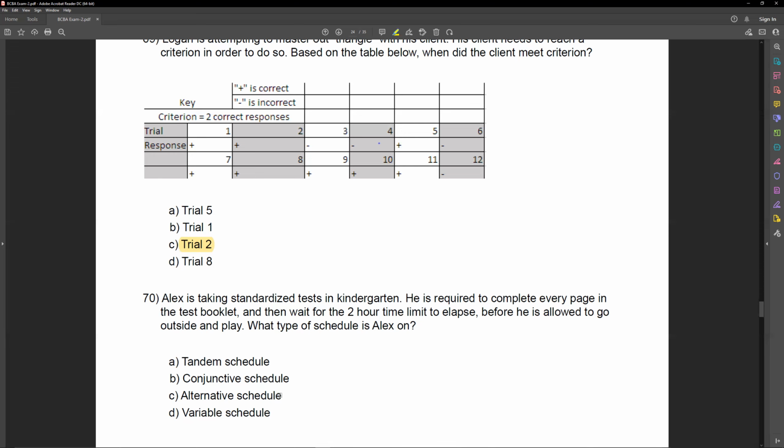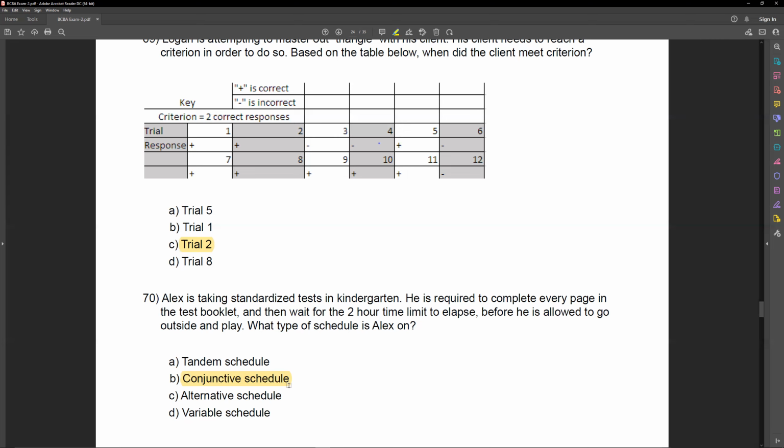So C is out. And then D, variable schedule. Variable schedule, of course, is just one of our basic reinforcement schedules, but there is more than that going on here, which makes it a complex schedule of reinforcement. Again, conjunctive schedule, a ratio and an interval schedule have to happen before reinforcement occurs. Alex is on a conjunctive schedule.